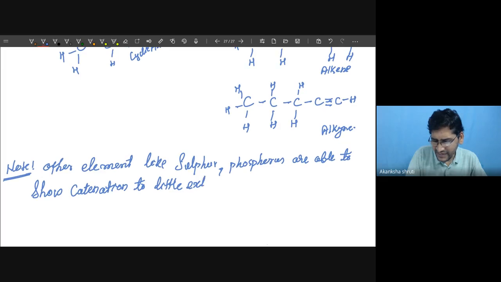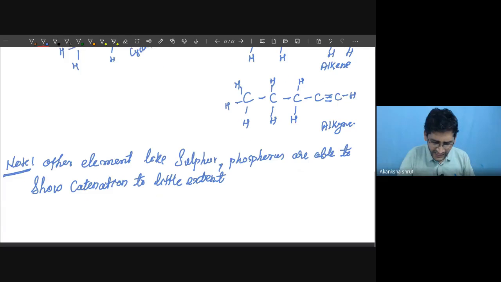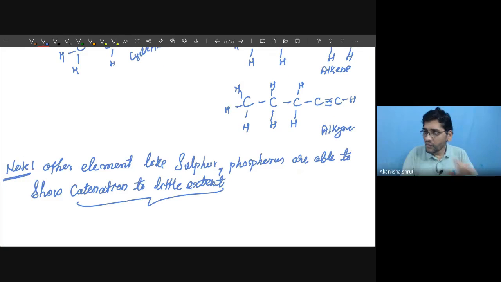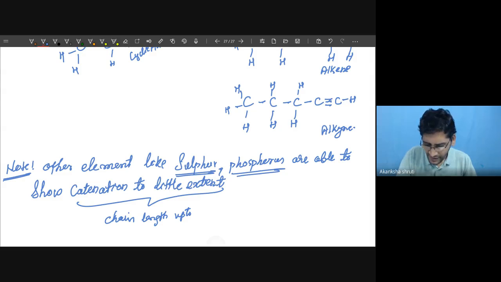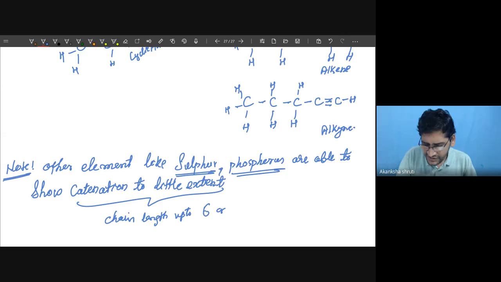Why this little extent? This little extent means only a few or a smaller chain. For sulfur and phosphorus, chain length up to 6 or 8 is observed, but bigger than this are unstable and they are not able to form.